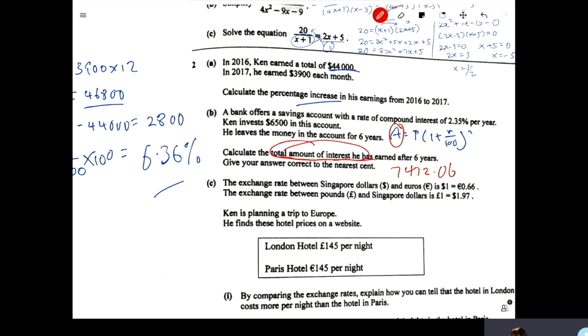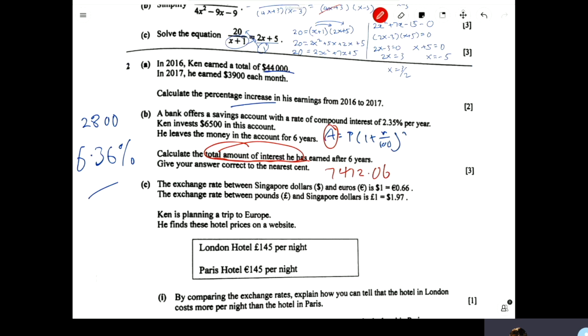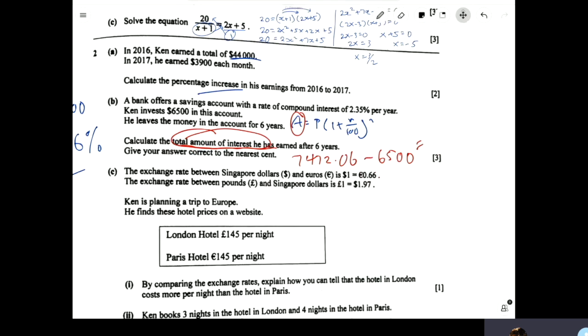So to find the interest earned, you just take this minus 6500. Do you minus 6500? Oh, minus the 441?